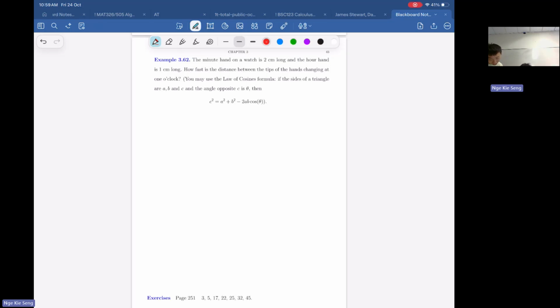Usually in high school we do it this way, but why didn't it work? Because this is the average. I consider the time, that's how we define the limits.